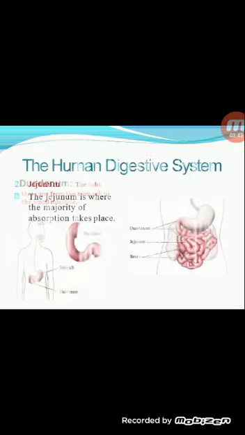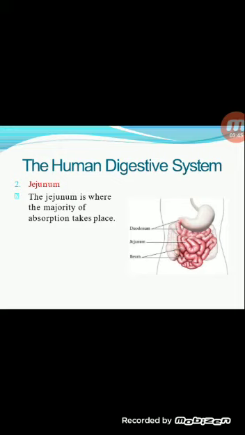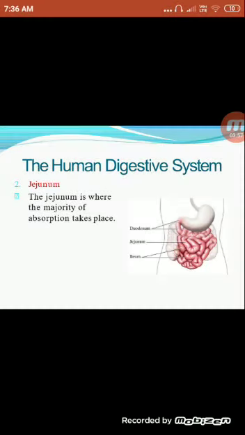Okay. See, the second part of the small intestine is the jejunum, where the majority of absorption takes place. The pink colored one. So here the majority of digestion and absorption takes place. After the digestion of food, what will happen? The food turns into our blood. Where? In the small intestine. Very good.